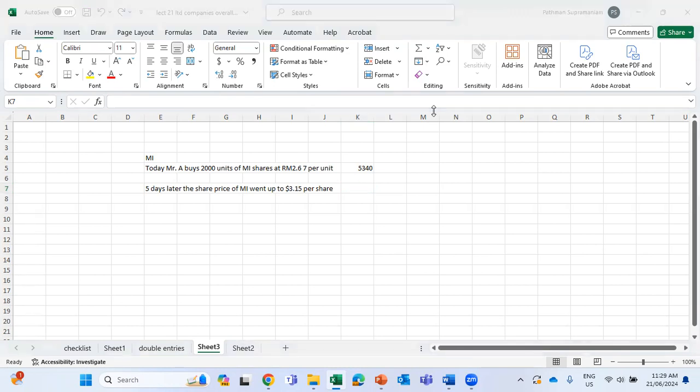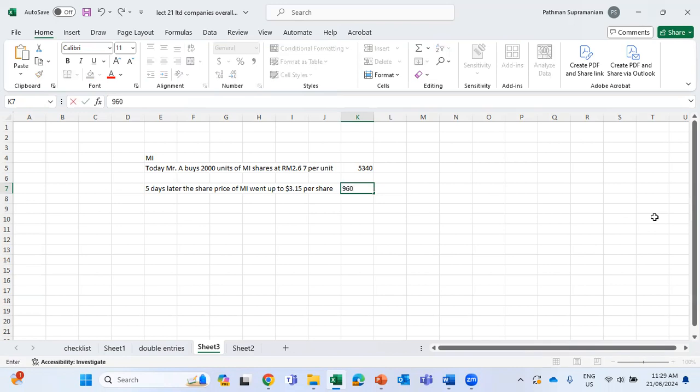Okay, good. Profit per share times 2,000 units. So the profit is 960, but he won't get exactly 960 because for buying and selling of shares, he has to go through the bank.